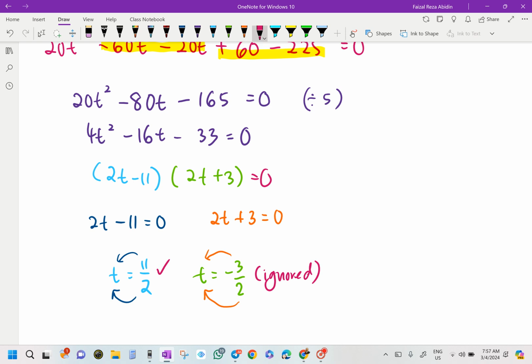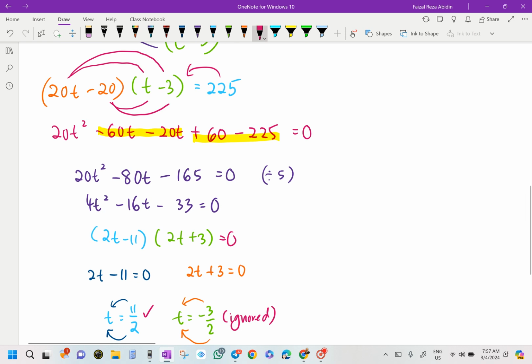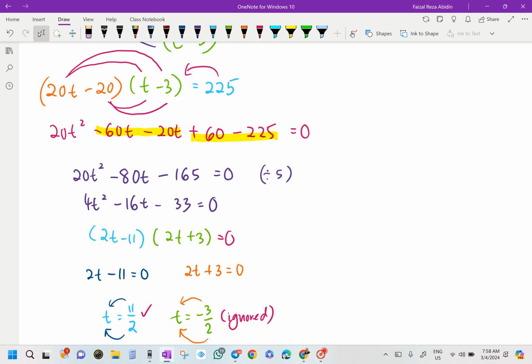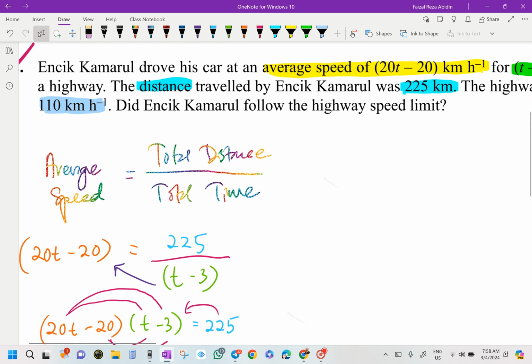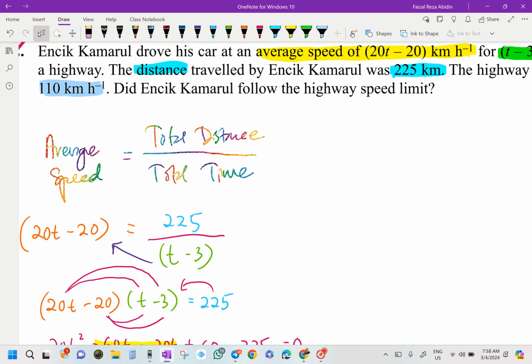Did we already answer our question? Not yet. Why? We just found our value of t, right? So you need to know your speed. Can I just substitute into the average speed? Cannot, that one is average speed. You must find the speed.